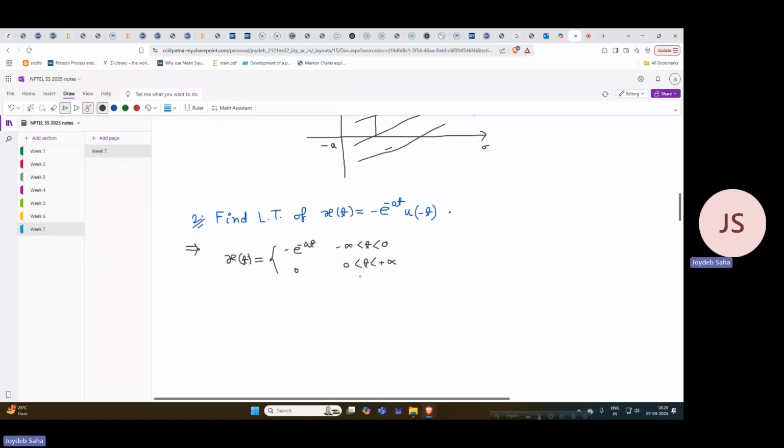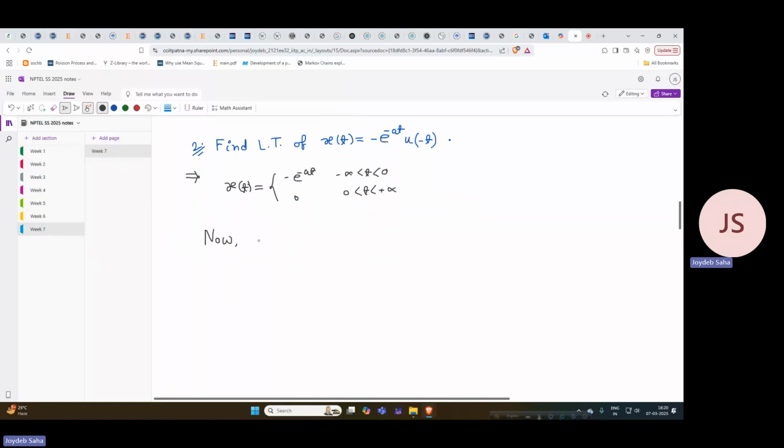Okay. So now the Laplace transform. From the definition of the Laplace transform, we will try to solve this.